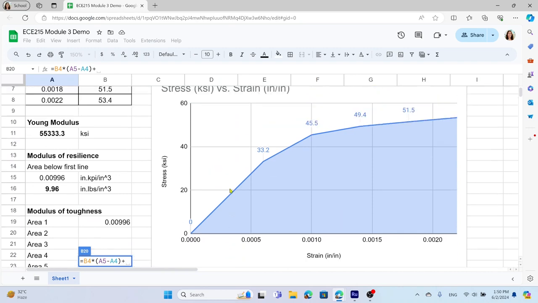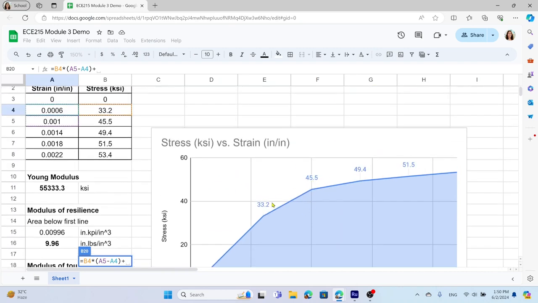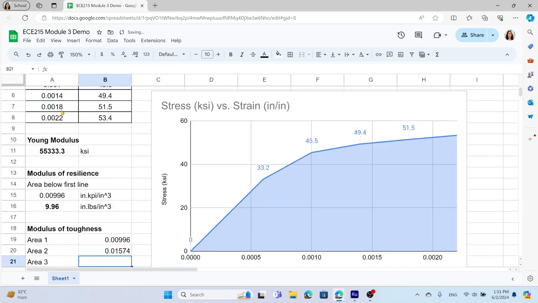So the little triangle will be the delta y, 45.5 minus 33.2, times the delta x, the 0.001 minus 0.0006, and don't forget that's a little triangle, so divide by 2. This is the area number 2.